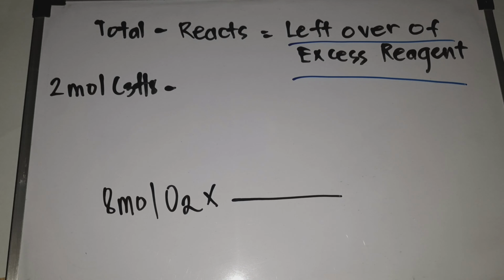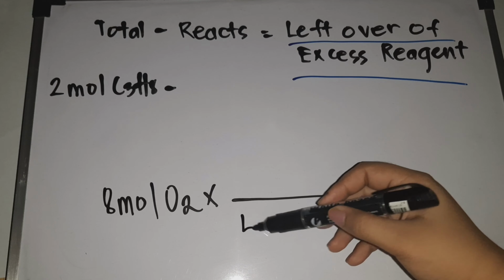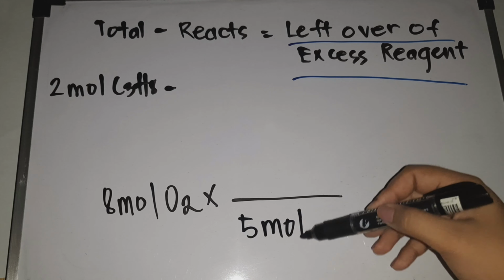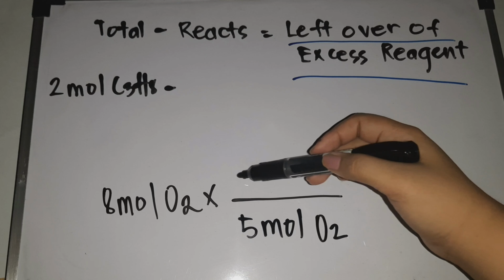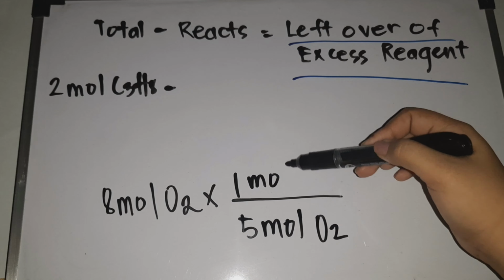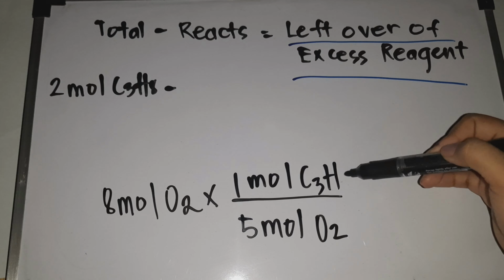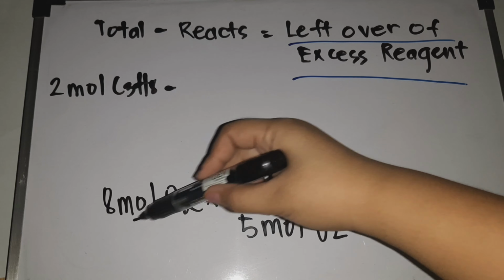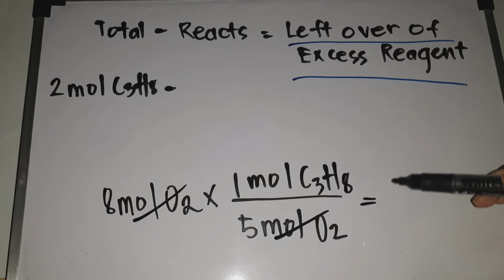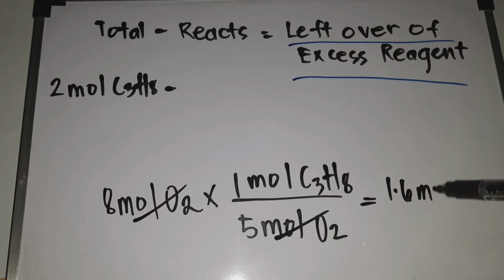What is the ratio of oxygen and propane? In every 5 mole of O2, we have 1 mole of C3H8, or the propane. The units cancel, and we have 1.6 mole of C3H8.